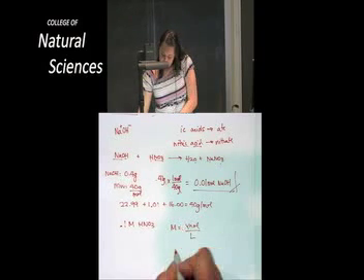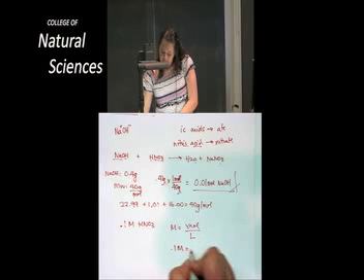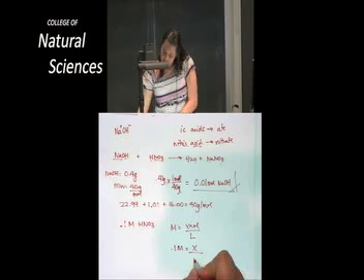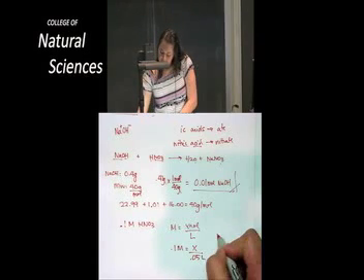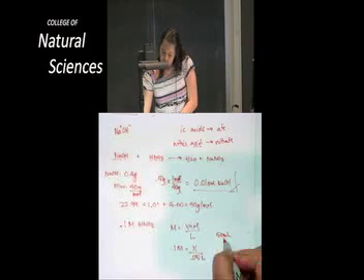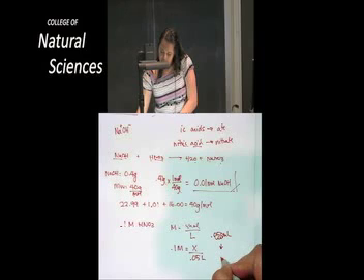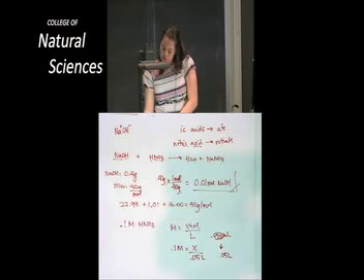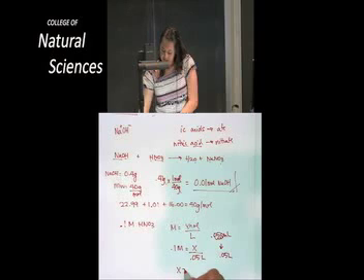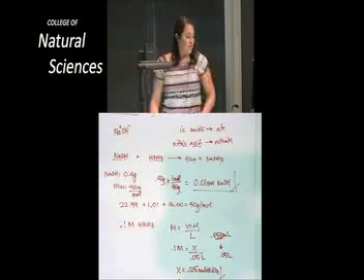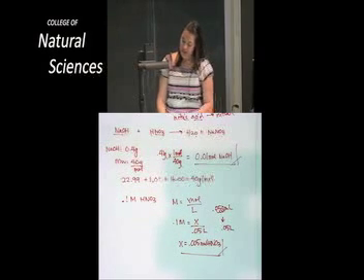So if you just plug this in, you have 0.1 molar equals X over 0.05 liters. 50 milliliters, if you just move the decimal here over to the left 3, that would give you 0.05 liters. So to find X, we find that X is equal to 0.005 moles of nitric acid. Okay, so now we know how much of each we have.